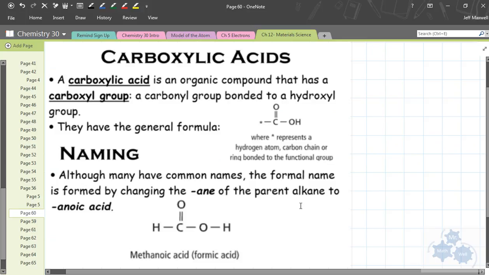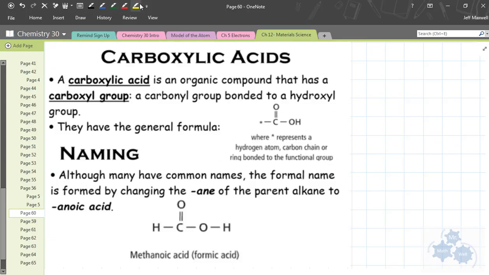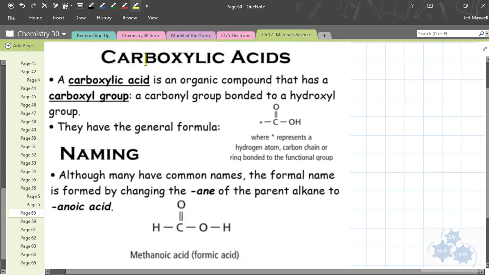Alright, next group we're going to study is carboxylic acids. Carboxylic acids, carbo, right, we've got carbon in there. Oxy. Carboxylic acids. Okay, so a carboxylic acid is an organic compound that has a carboxyl group, a carbonyl group that is bonded to a hydroxyl group.